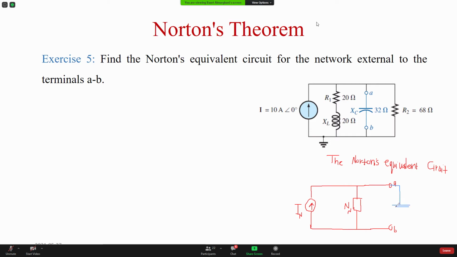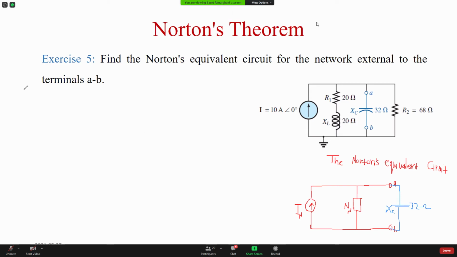That is the load in this case, and it's XC equals 32 ohm. So that XC is not included in the equivalent circuit. And even here it says find the equivalent circuit for the network external to it, so not the internal thing between the two terminals.